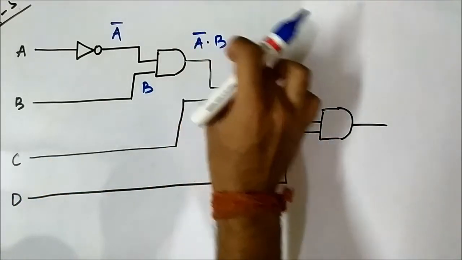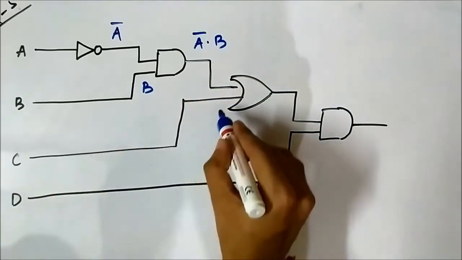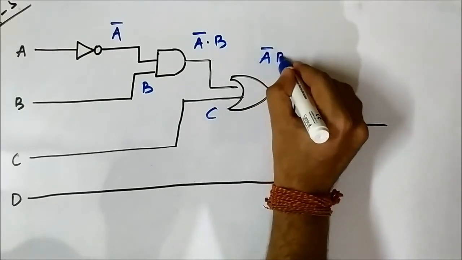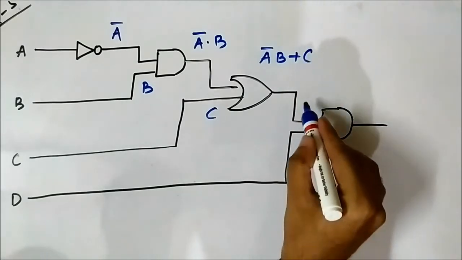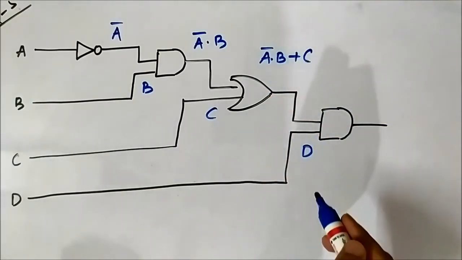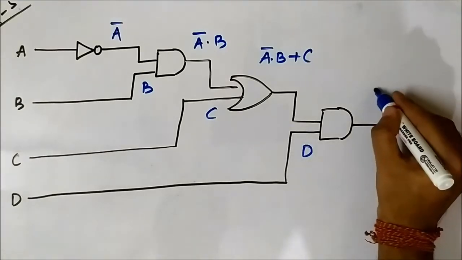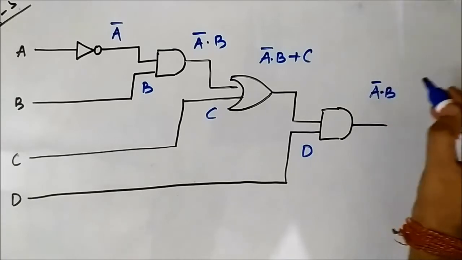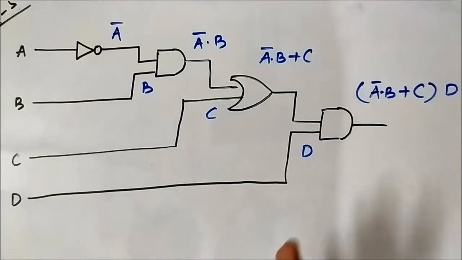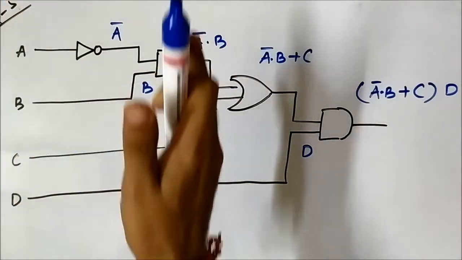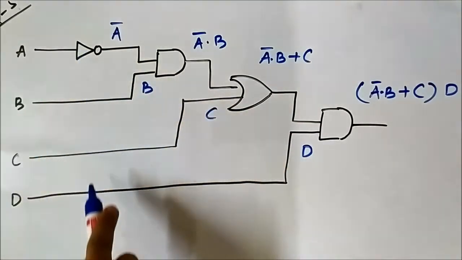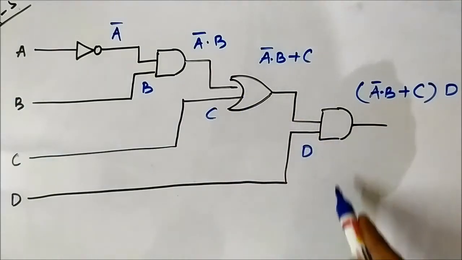At the third level, the inputs to this OR gate are A complement B and C, so it will become A complement B or C. At the final fourth level, the two inputs are (A complement B or C) and D, so the final output will be (A complement B or C) into D. So this logic circuit consists of 4 different levels, and each level had a particular basic logic gate: NOT gate in the first, AND gate in the second, OR gate in the third, and again an AND gate in the final level.